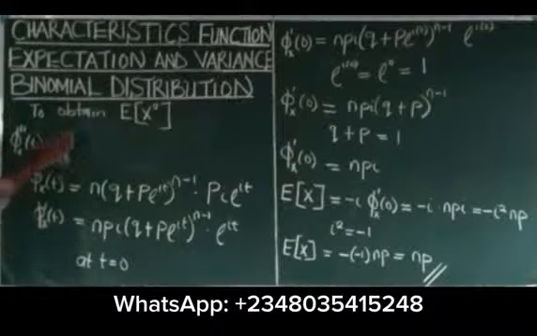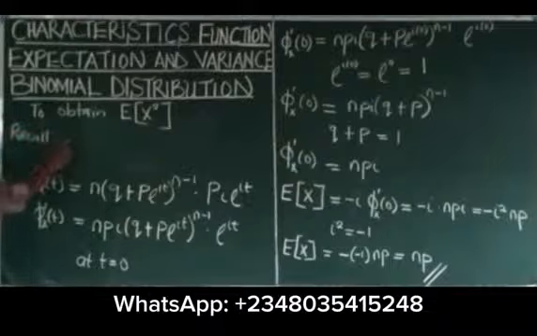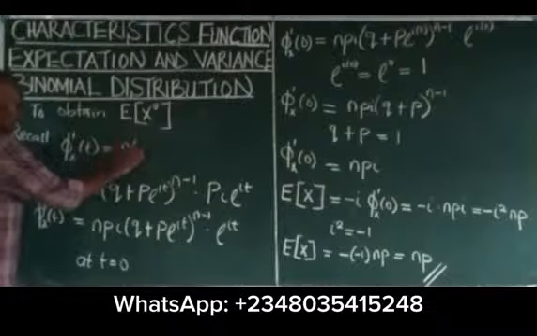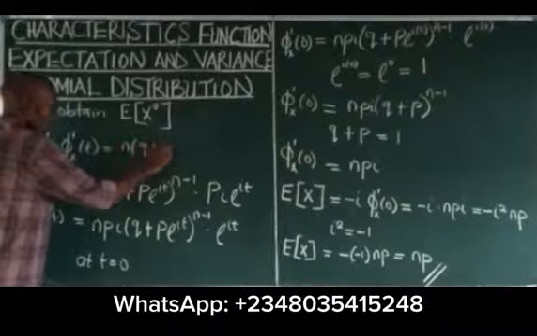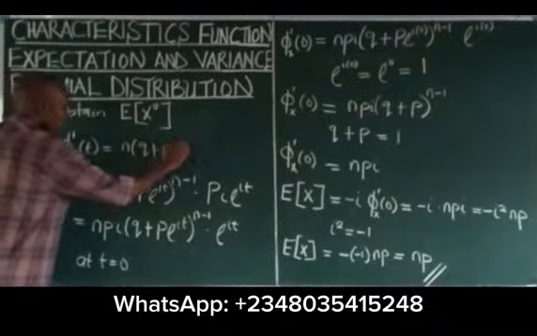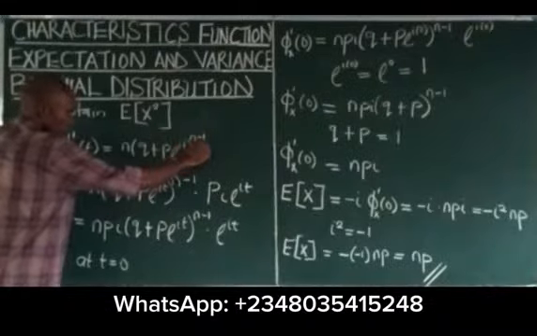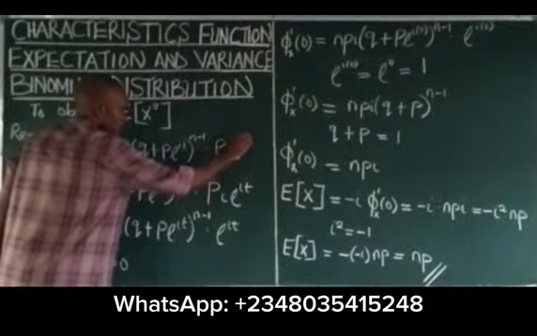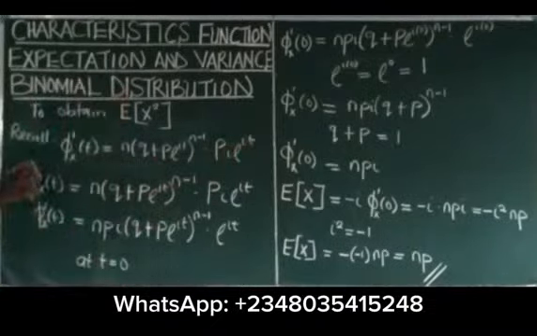What we need to do first is to recall that the first derivative will give us n (q + p e^{it})^{n-1} multiplied by p i e^{it}. So we can now clean this.